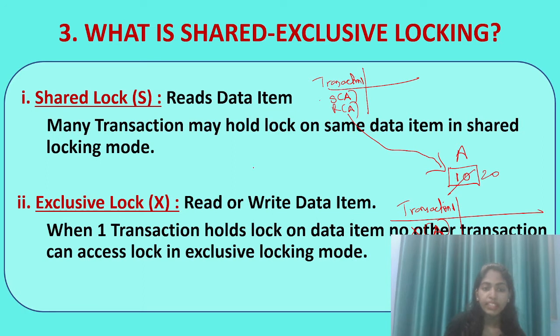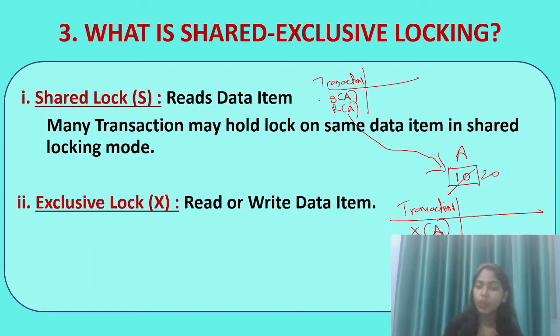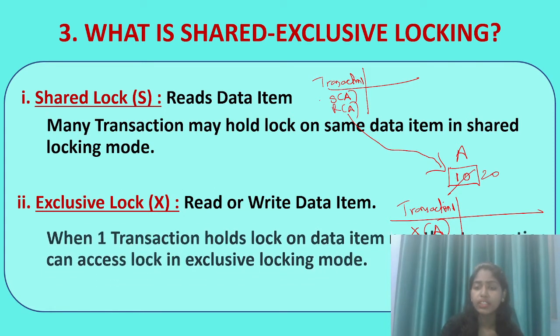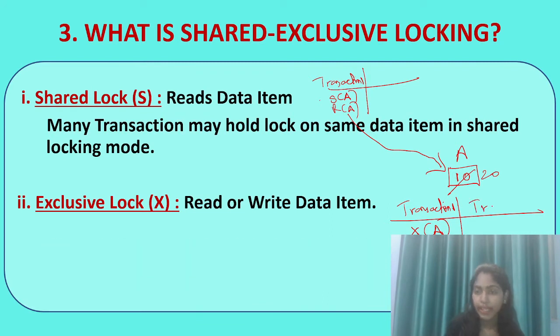When one transaction holds an exclusive lock on a data item, no other transaction can obtain a lock on it in exclusive mode. You can see transaction 1 has the exclusive lock on A. No other transaction can have an exclusive lock on A because it is already held by transaction 1.